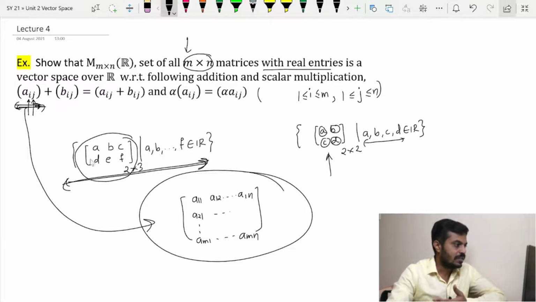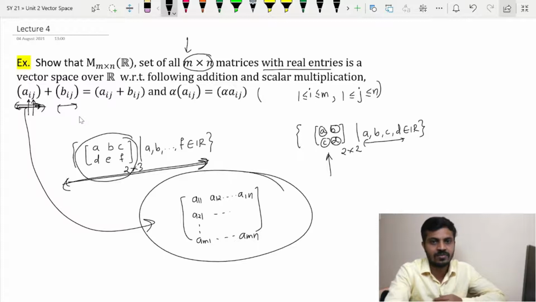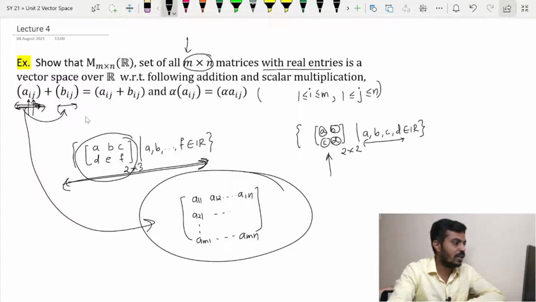So how is the addition defined? It is defined component wise. Component wise in the sense that whatever matrix addition you have learned before, the same matrix addition has been used here. You can see this is another matrix. The notation used is bij, and how are they added? Simply aij plus bij.